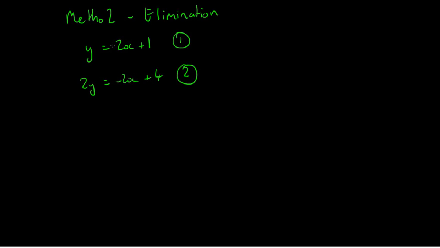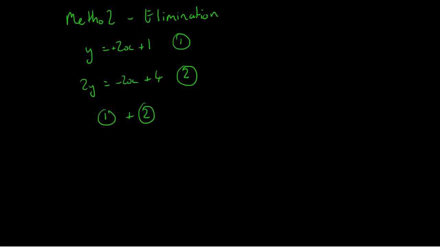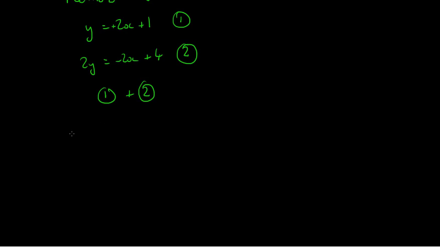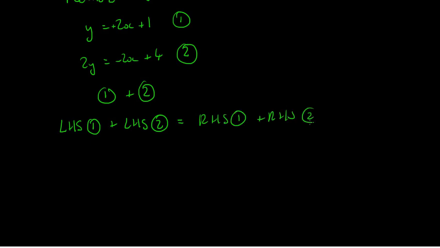Now we should be able to see that we have a plus 2x here and a minus 2x here. And if you add these together, we end up with 0. So what I'm going to do is I'm going to add equation 1 to equation 2. Now, for those of you that haven't added equations together before, what we would do is we do the left-hand side, LHS, of equation 1, and add that to the left-hand side LHS of equation 2, and make that equal to the right-hand side of equation 1 plus the right-hand side of equation 2.